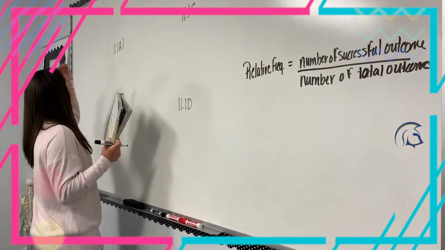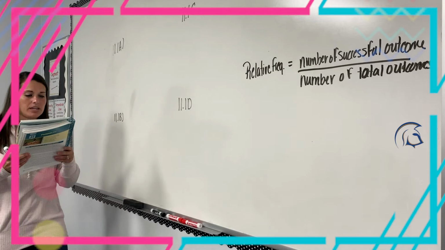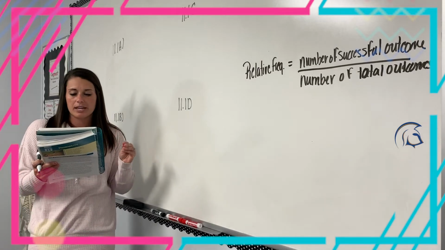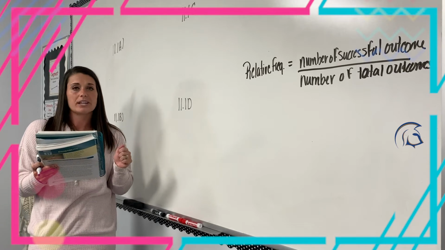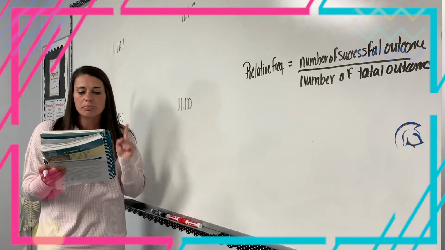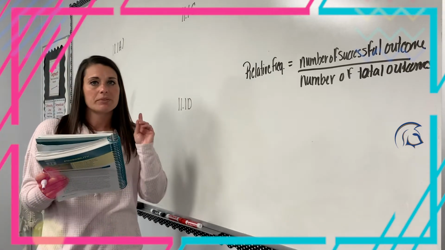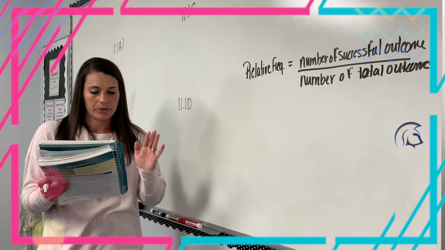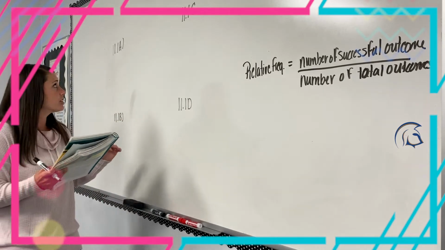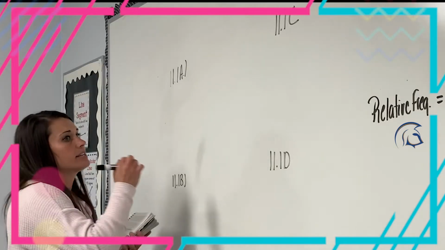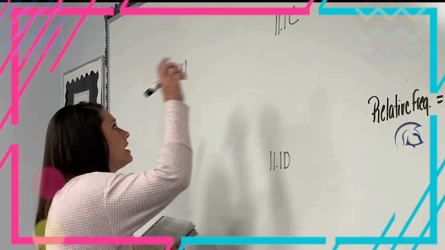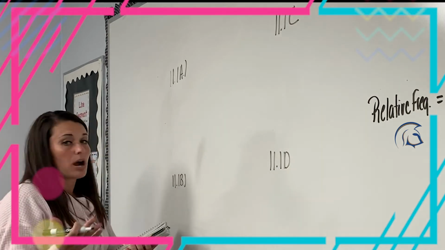All right, 11.1a. It says 8 marbles are hidden in a bag, 4 marbles are red, 3 are blue, and 1 is yellow. What is the probability of randomly selecting a blue marble? Okay, so you go back to your problem, how many of the marbles were blue? 3, okay? So we're going to use this formula to find the probability.